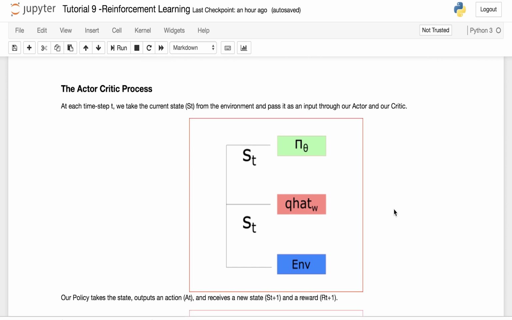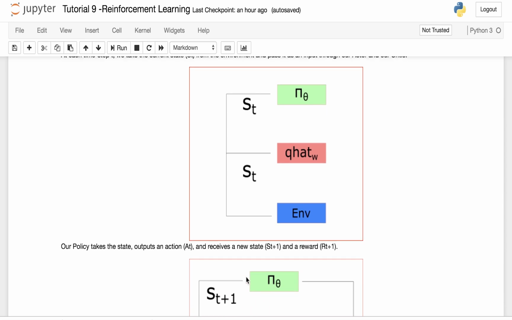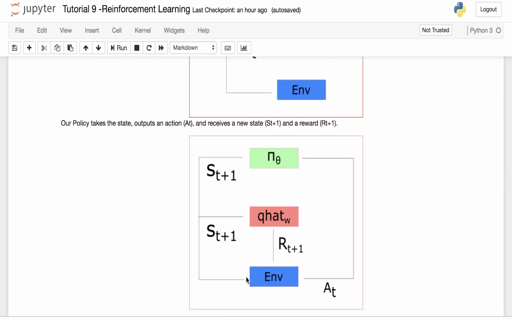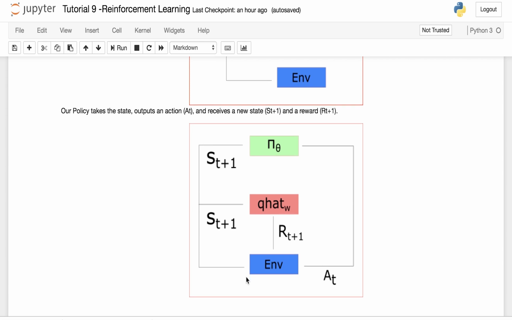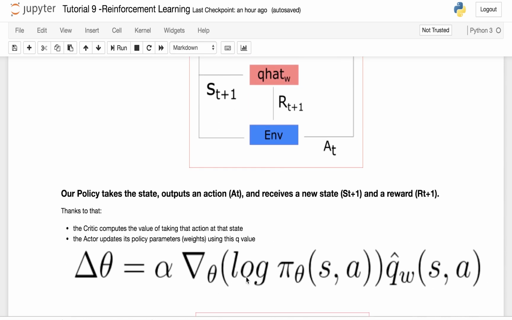Let's see this process. At each time step we take the current state from the environment and pass it through the actor critic. We have our policy pi and our critic Q, and we optimize them.